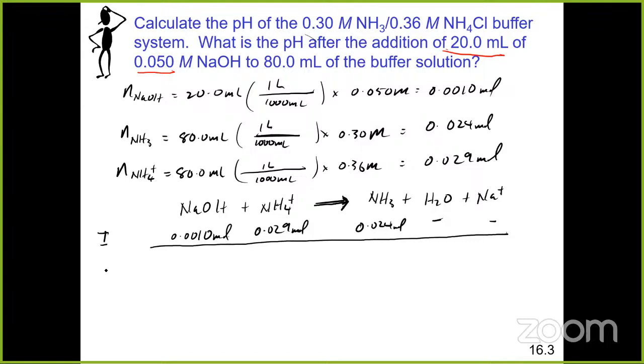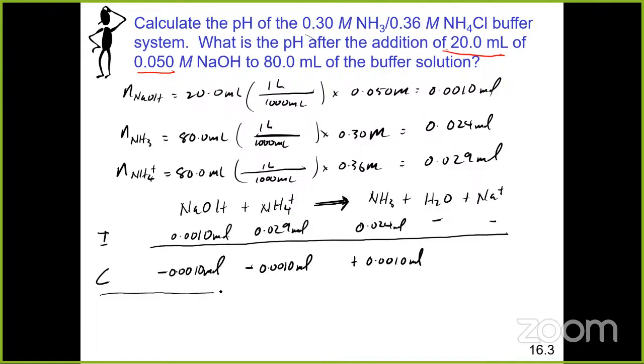So what does that mean? That means that in the next line, which represents the changes that will take place, all of the sodium hydroxide would be used up. All right? And basically, because of the 1-to-1 ratio between the sodium hydroxide and the ammonium, the change here would be the same, 0.0010 moles. And then on this side, the change for the ammonia would be plus 0.0010 moles, all right?